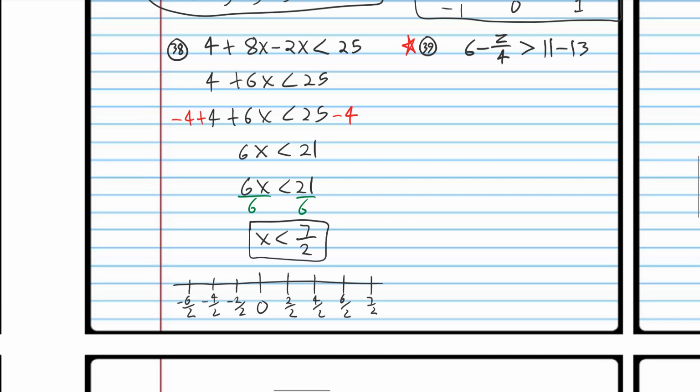Actually, that should be 8 halves, I'm sorry. So now, put an open dot, and x is this region over here, shade in that region. So if you got that solution, good job.